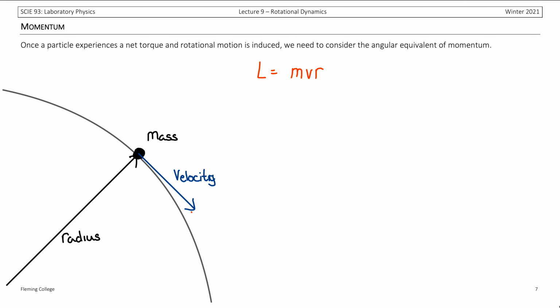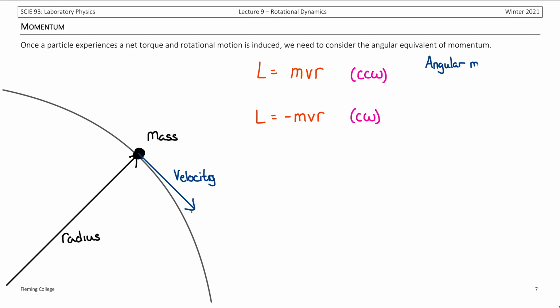But this equation wouldn't apply to the situation as drawn, as it's for counterclockwise motion. In the case drawn, we would calculate the angular momentum as negative of the mass multiplied by the velocity multiplied by the radius of the path of motion, as it is clockwise motion.